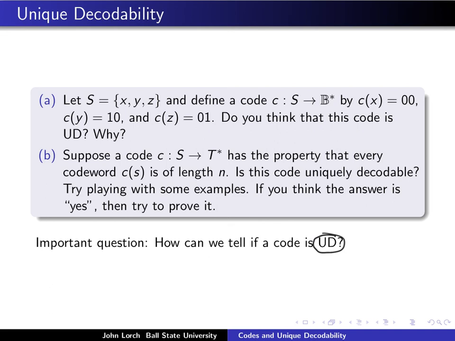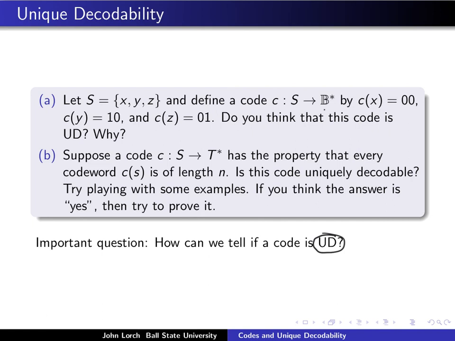So this is a binary code that will send X to 0, 0, Y to 1, 0, and Z to 0, 1. So first of all, this is indeed a code because the function C is 1 to 1. Now, is the code uniquely decodable? So see if you can see why or why not that's true.